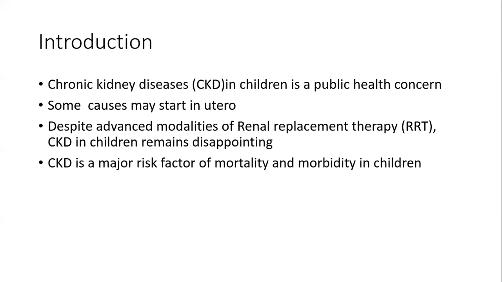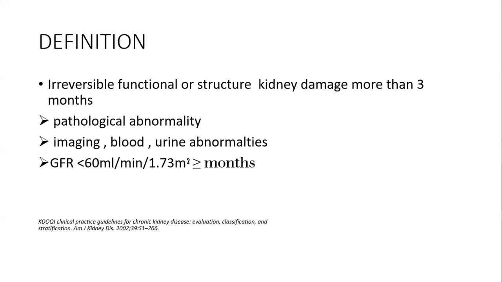Looking forward, children with chronic kidney disease have increased hypertension, proteinuria, coronary artery disease, stroke, chronic infections, blood loss, and anemia. All those complications increase their mortality and morbidity. What is the definition of chronic kidney disease?